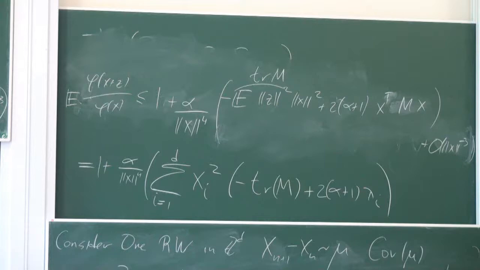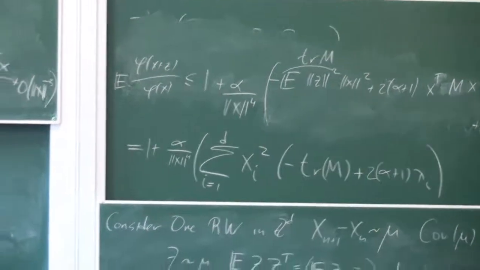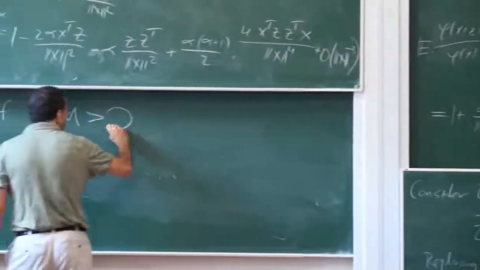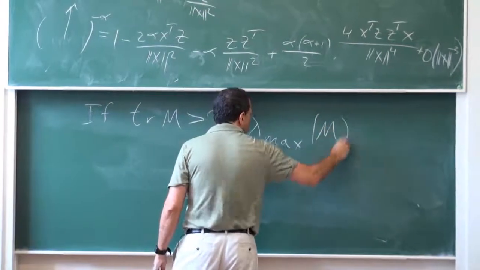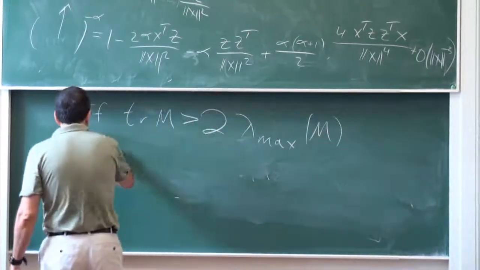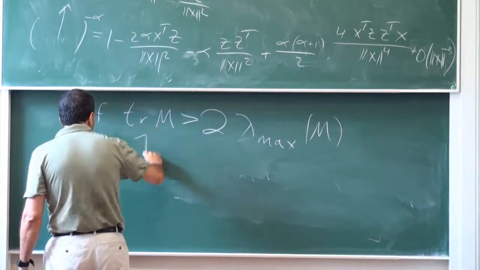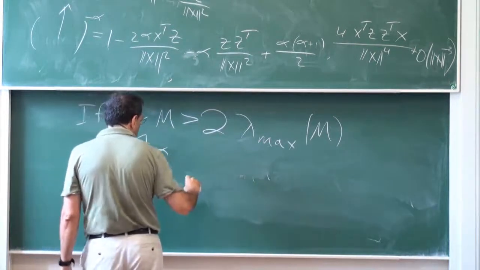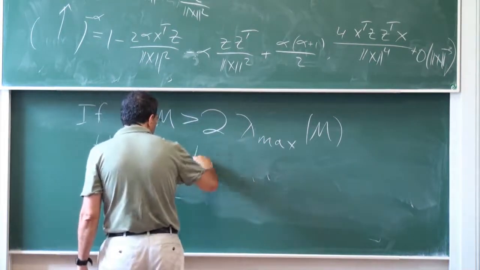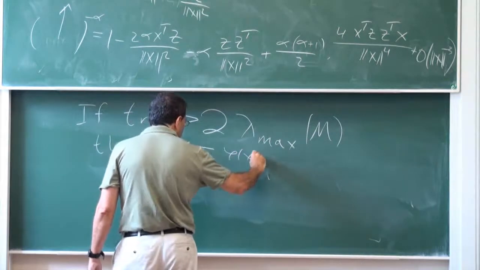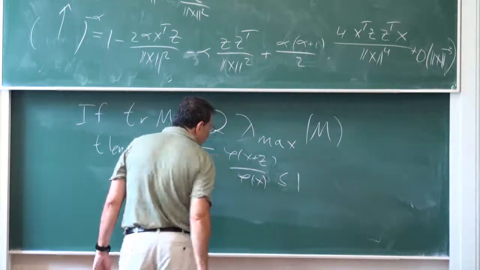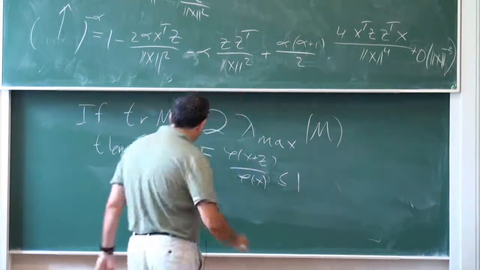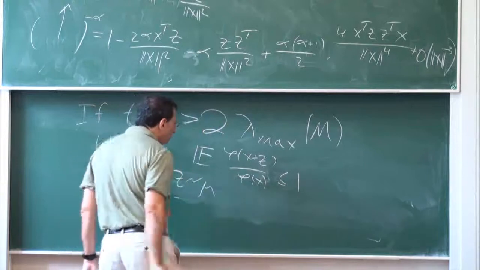Right, so if trace of M is strictly bigger than twice the maximal eigenvalue, then there is some alpha where the expectation of phi of x plus z over phi of x will be less than 1. Remember where z has the distribution mu, right?